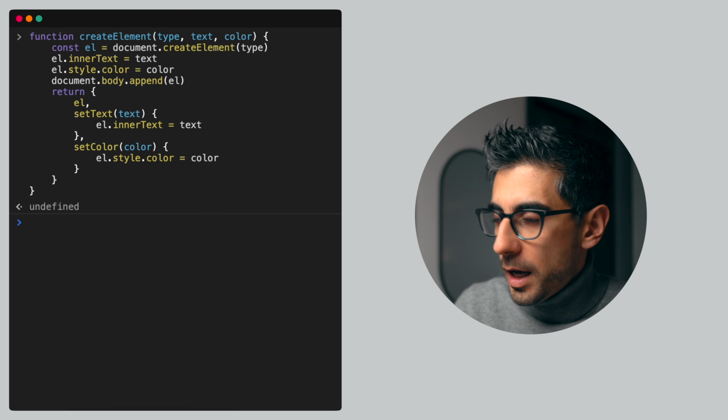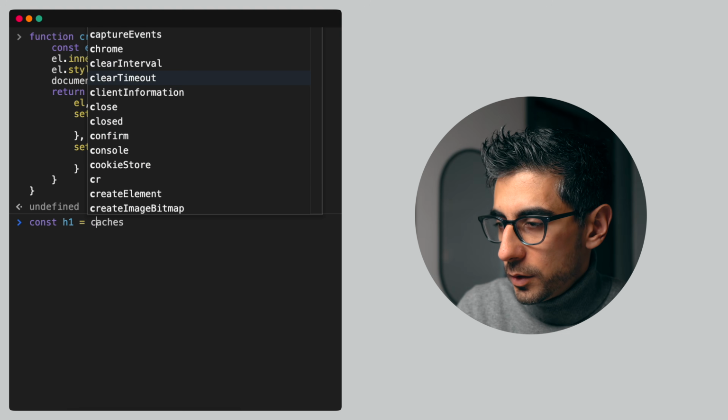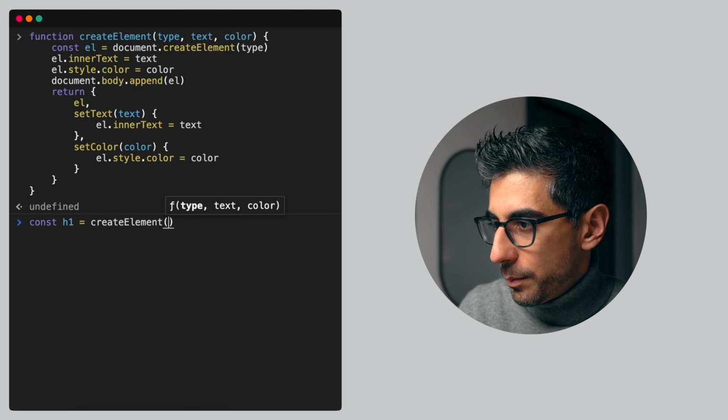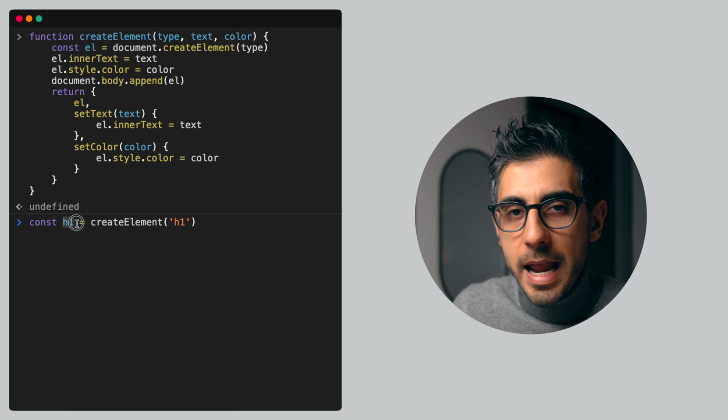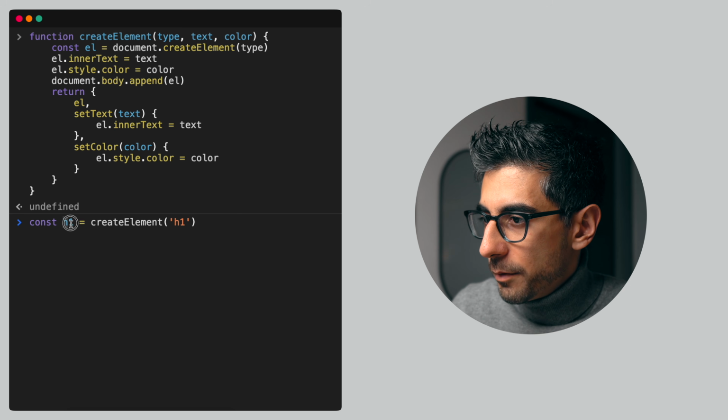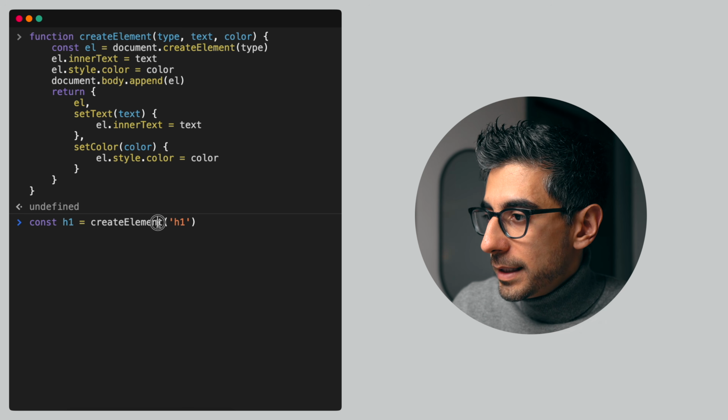So let's see. Let's say I want to create an h1 equals createElement of type h1. This h1, by the way, is just the name of my variable, it has nothing to do with the type of element I'm creating. But here I'm passing h1 that will be set as the type.